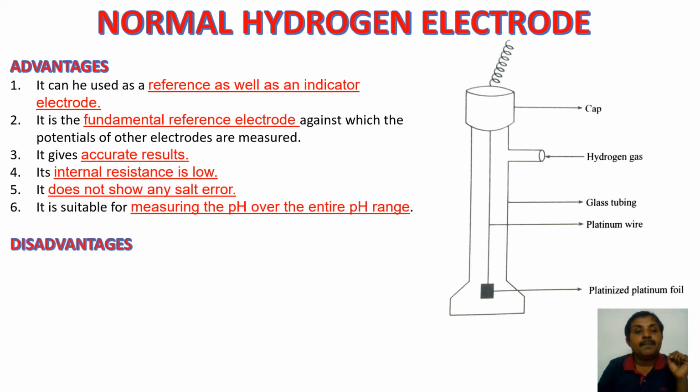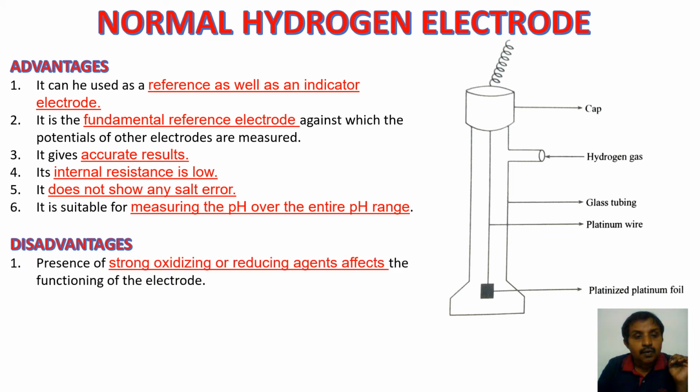Now let us discuss the disadvantages of the normal hydrogen electrode. First, the presence of strong oxidizing or reducing agents affects the functioning of this electrode.